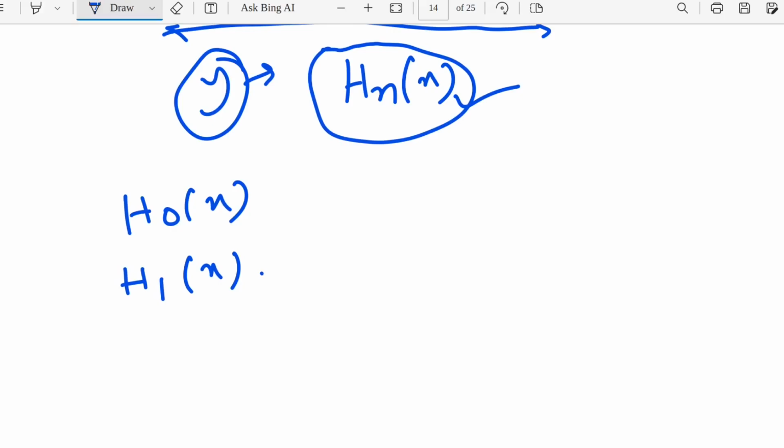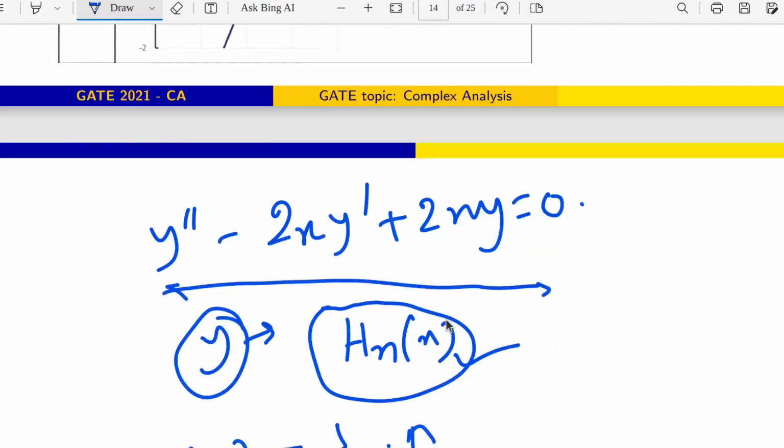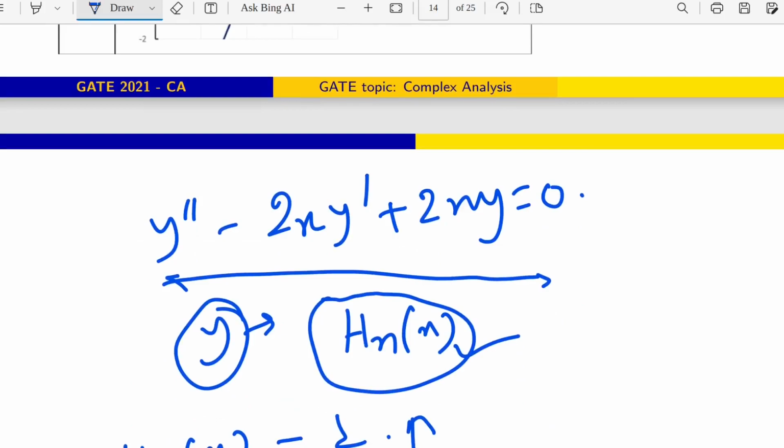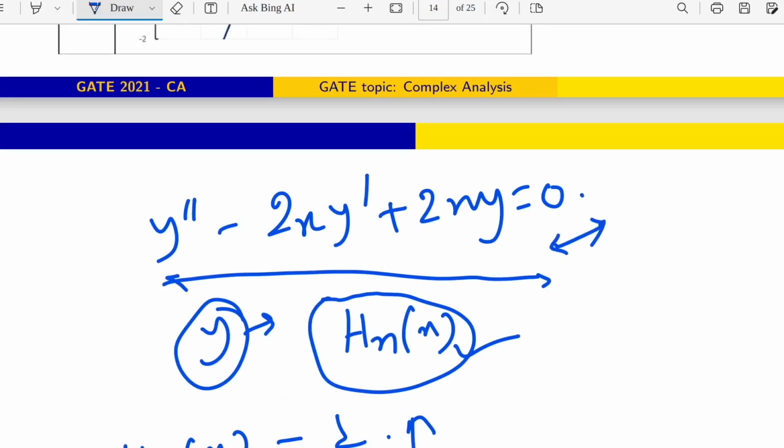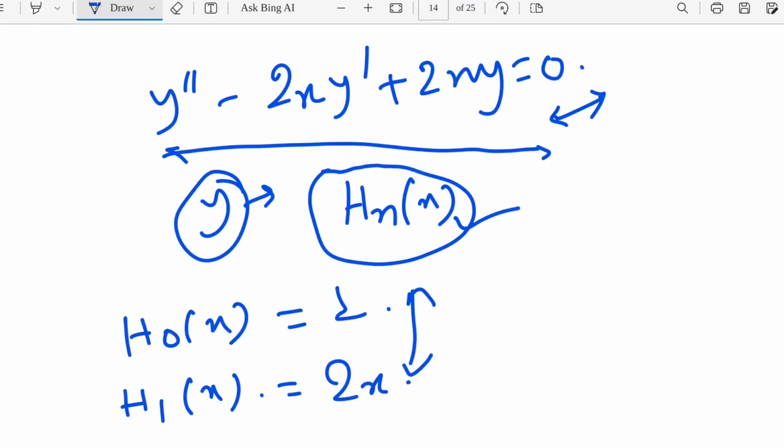Then you can see, for n equals 0, H_0(x) is what? H_0(x) is 1. H_1(x) is what? H_1(x) is 2x. So we just need to remember these two, H_0(x) is 1 and H_1(x) is 2x, for this question at least. As I told you, this is nothing but the Hermite differential equation, and the solution will be 1 at n equals 0 and 2x at n equals 1.